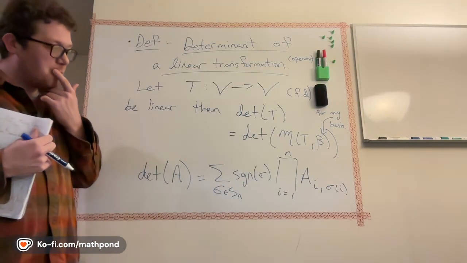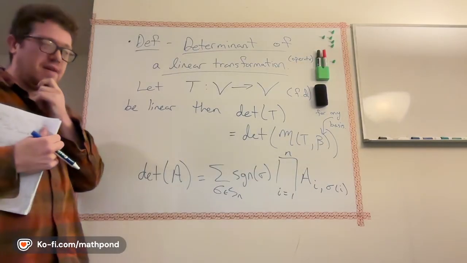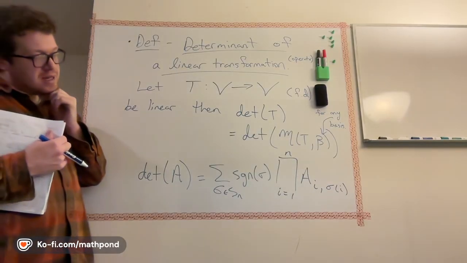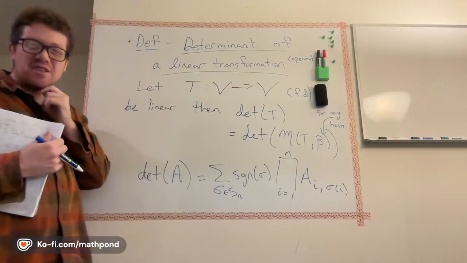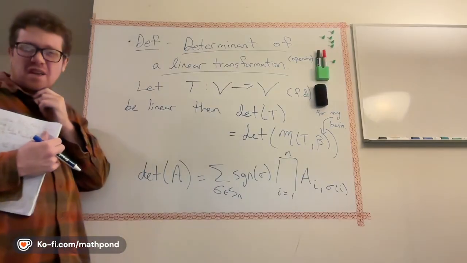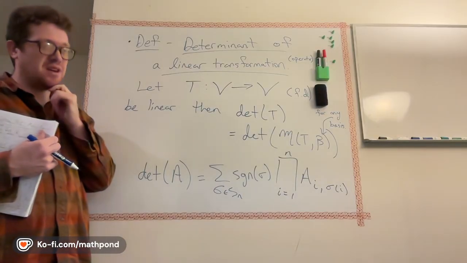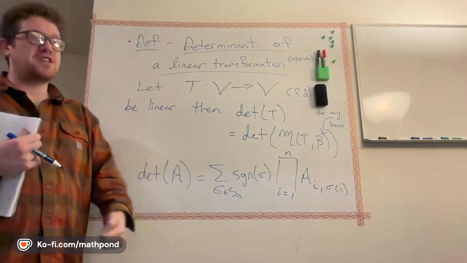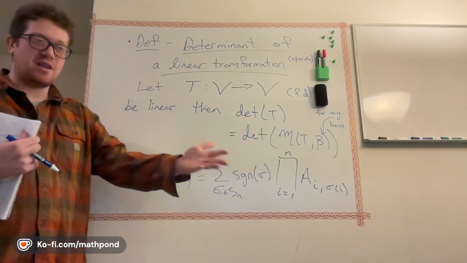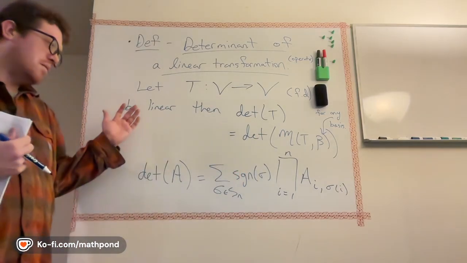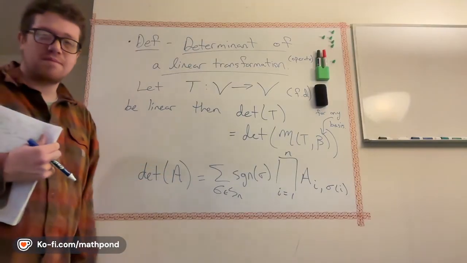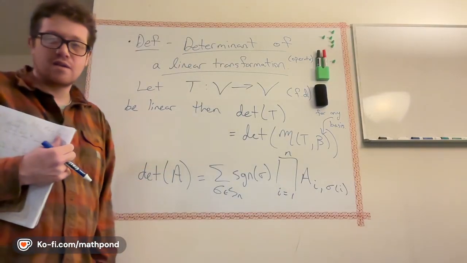But I think it is interesting to see the definition, and I don't know why Axler puts it at the very end. I think he could have put it at the beginning and said, hey, we're going to justify this definition using the rest of the book, and then put it at the end also. But, oh well, he chose to do it the way he did. That's fine.